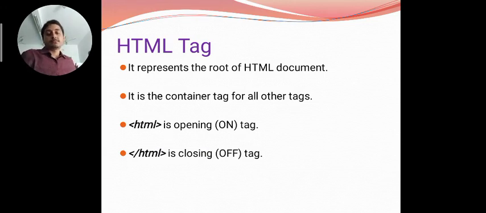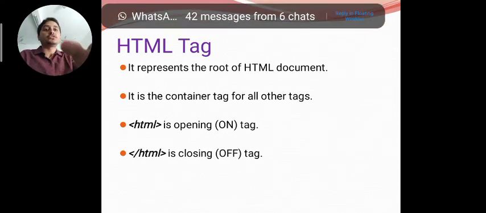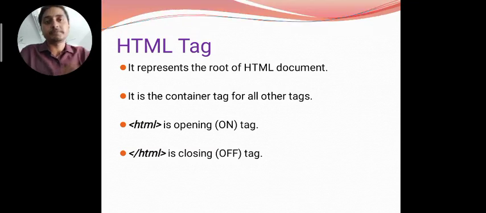Now angular bracket HTML angular bracket closed is the opening tag, and angular bracket / HTML angular bracket closed is the closing tag. This is the format of every container tag. If after the opening angular bracket you see a /, it means that is the closing tag.